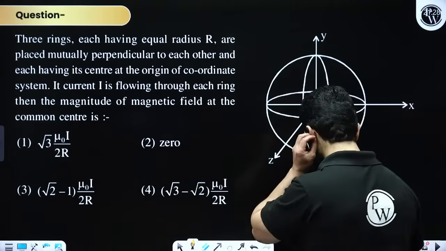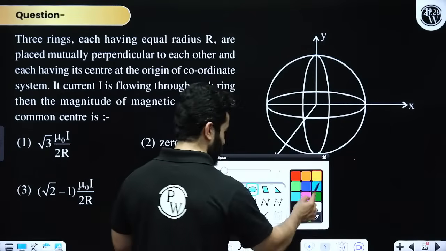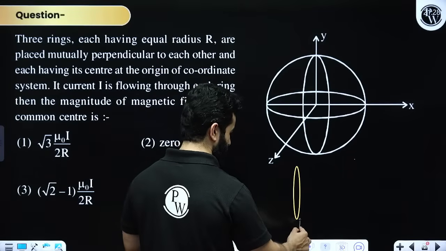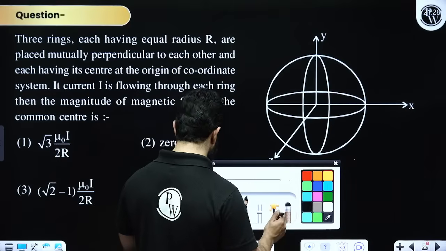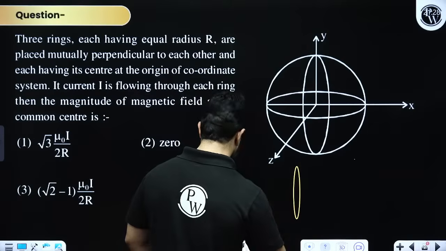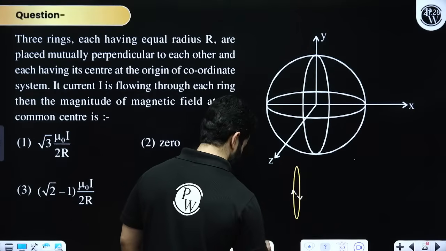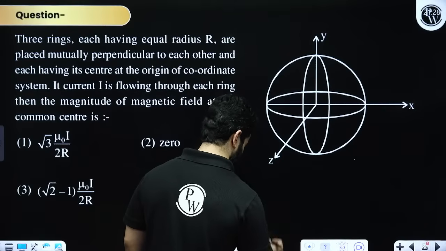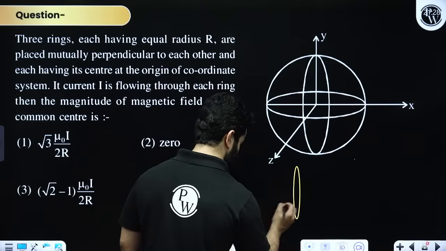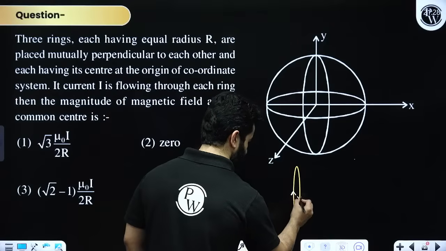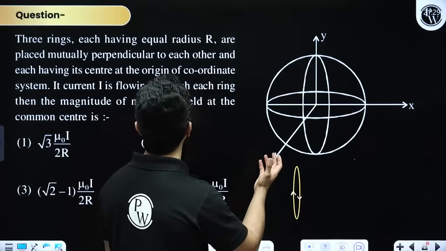See, let me explain this to you. Let's suppose you have got a ring like this, and current is flowing in this ring in this manner, or in any direction.